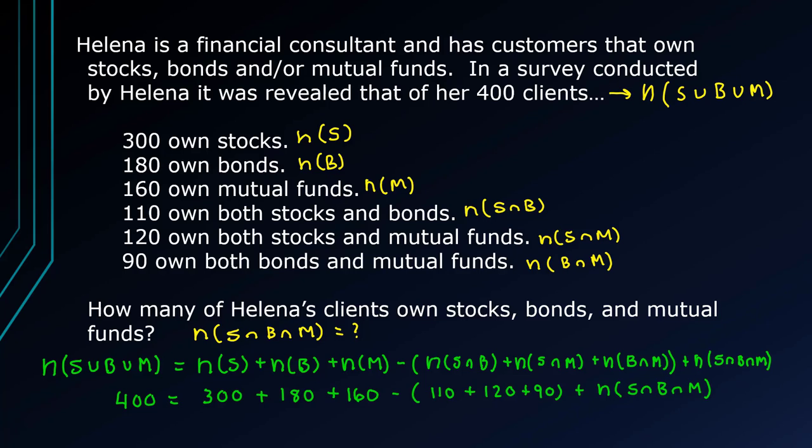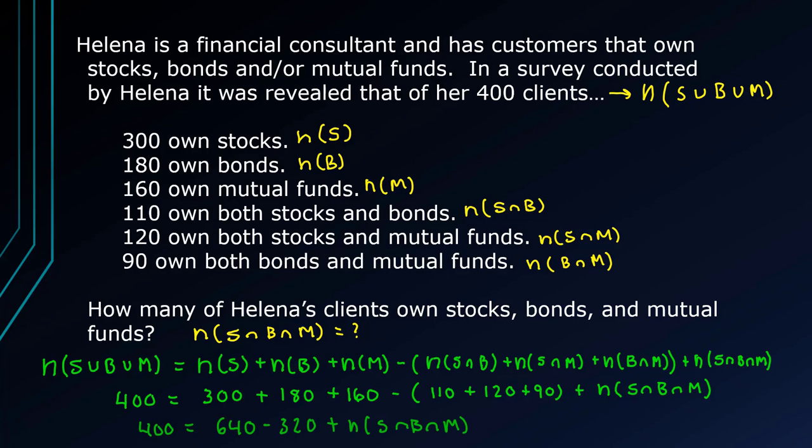So through some substitution, I know this is 400 because her 400 clients have to have one or the other, or combinations of two or three of them. This was 300, 180, and 160 from this information. This was 110, 120, and 90 from these pieces of information. And I'm looking for this. That's the only unknown I have.